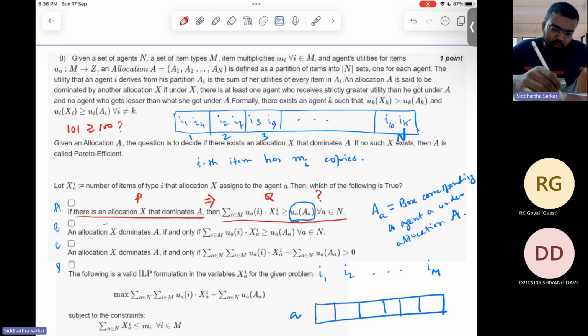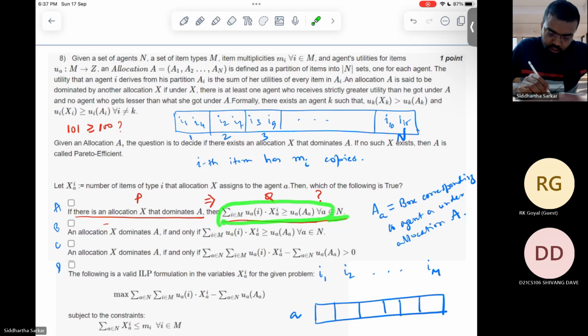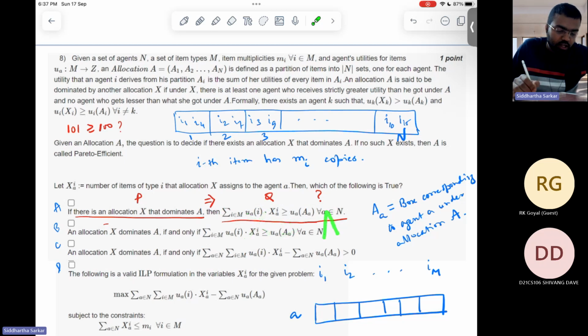So it is saying that if somebody has told you that allocation X dominates allocation A, that implies that for every agent, the utility obtained by each member under X is at least the utility obtained by each member under A. So one person has definitely got more, that is true.